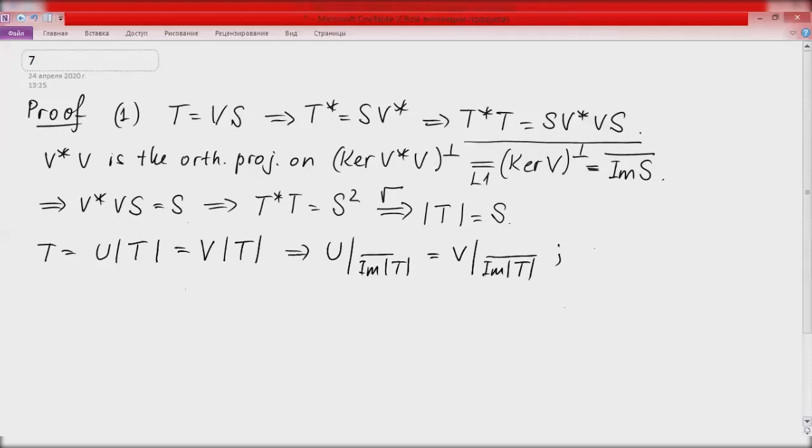But on the other hand, if we look at the orthogonal complement of this subspace, we see that both U and V vanish on this orthogonal complement, because the kernel of U equals the kernel of V equals the orthogonal complement of the image of S, which is the image of the modulus of T. Okay, so this observation together with the previous line implies that U and V are equal to each other. And this completes the proof of part 1.